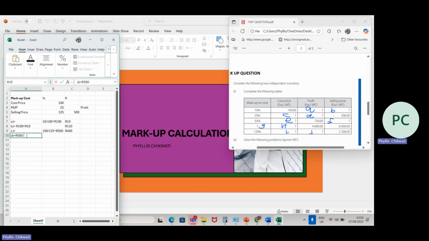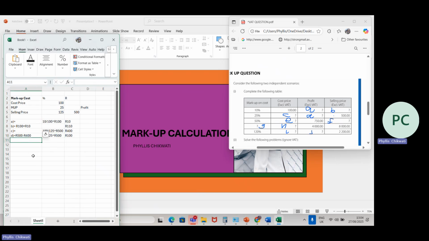So we're going to say 500 minus 400. That should give us our profit is 100 Rand. But you can also get it when you say your profit percentage, that is 25, divided by 125 times 500 Rand. It should give you exactly the same profit as when you are minusing. So this is also another alternative working, and this is another alternative working.